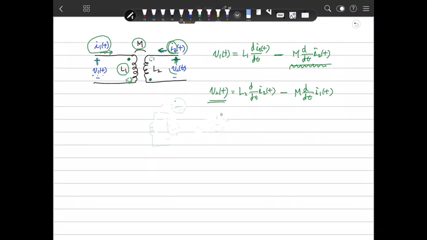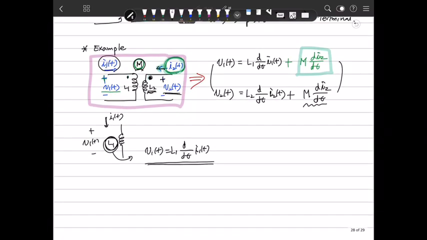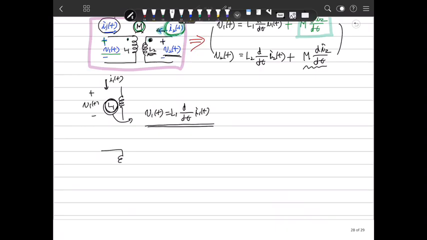And we can make another example, with the same polarity form as here. The mutual inductance is M, this is L1, this is L2.